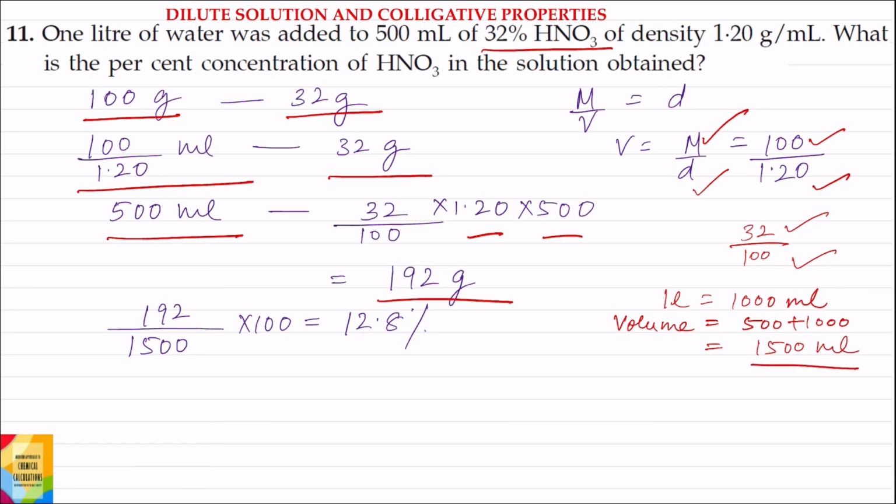So this 1500 milliliter of the solution contains 192 gram of HNO3. Therefore, weight by volume percentage of this solution will be weight of HNO3, that is 192 gram, which is now present in 1500 milliliter of solution. So 192 divided by 1500 into 100, and this is the weight by volume percentage of this solution, which is equal to 12.8%.